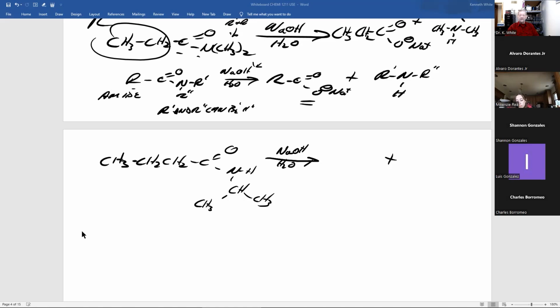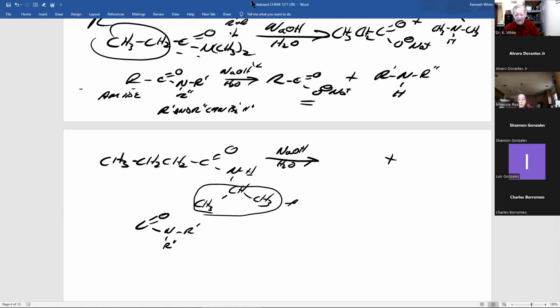I'll wait until everybody's done. And everybody's done. So let's take a look at this molecule. What's different? What's not carbon? What's not hydrogen? Ooh, a carbonyl. Nitrogen. On the nitrogen, I have a hydrogen and an isopropyl group, and I'll call those R prime and R double prime.